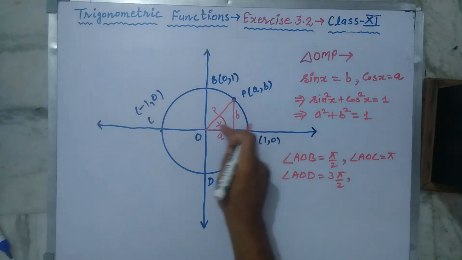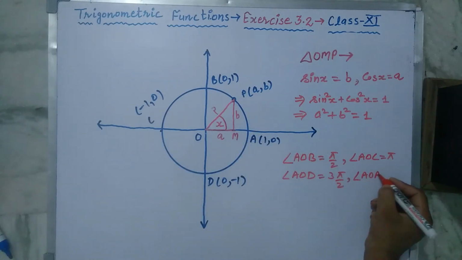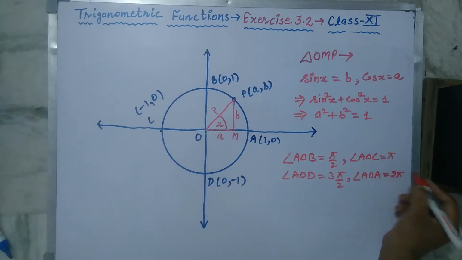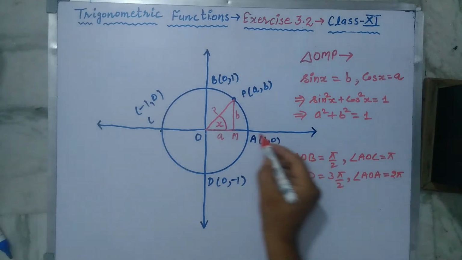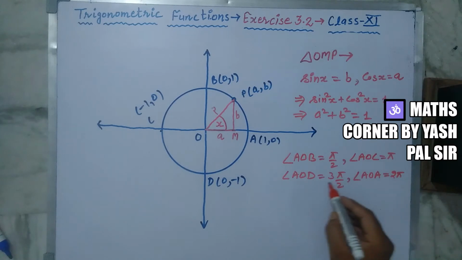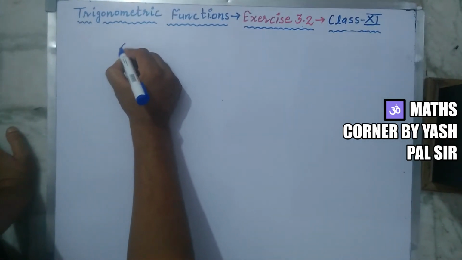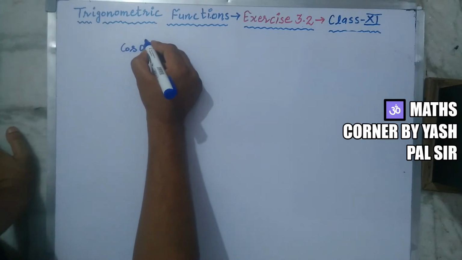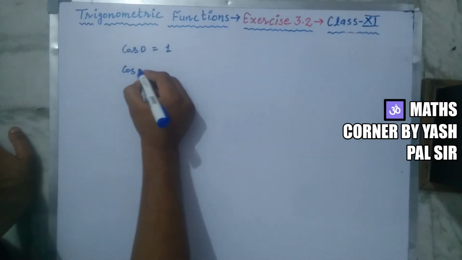Next, the complete circle, angle AOA, is equal to 2 pi. Because these angles are on the coordinate axis, these four angles are also called quadrantal angles. Which angles? Quadrantal angles.